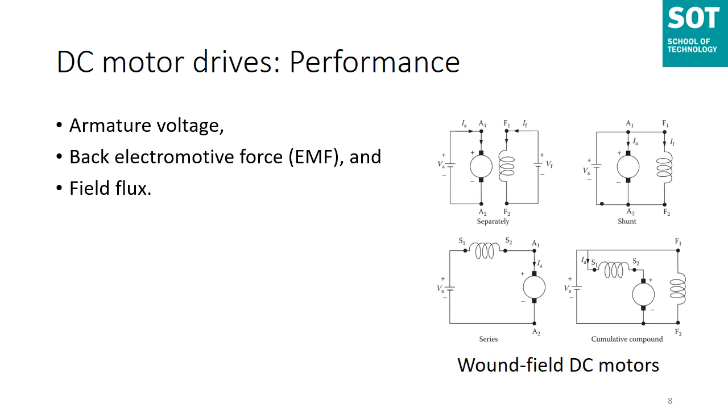These are, first, separately excited, as you can see in the right side first figure. Second is series excited, as you can see in the right side second figure below the separately excited one. And you have shunt excited and compound excited.